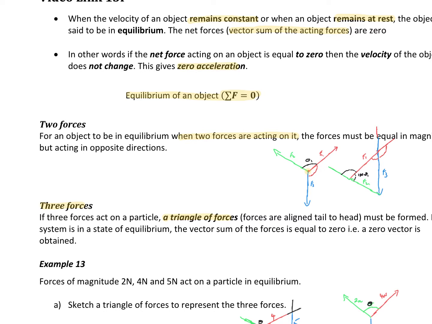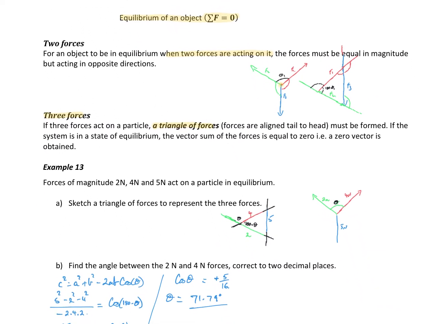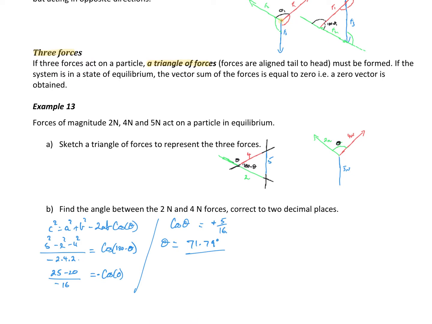And we can do something similar between the blue and the green force. If I extend that green line through, that angle there is the same as that angle there. So you've just got to think a little bit carefully when trying to determine the angle between vectors or angle between forces. So let's have a look at some examples.